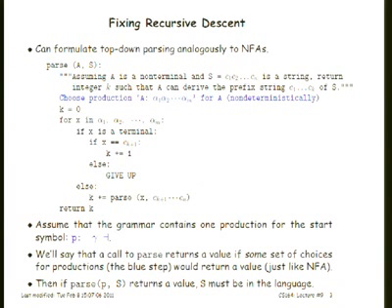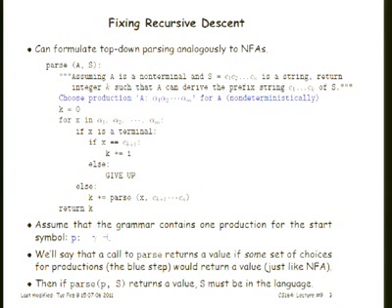So that's the idea. We'll choose these productions non-deterministically, and if there's any way we could succeed, we'll say that we have succeeded in parsing this thing. So it's just like an NFA, except there's a lot more than just what state you are in to keep track of.